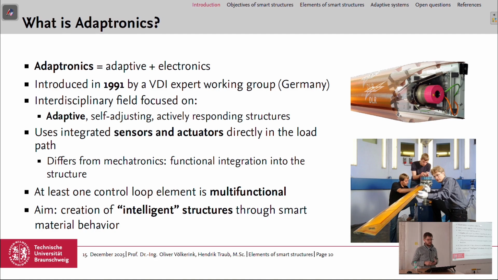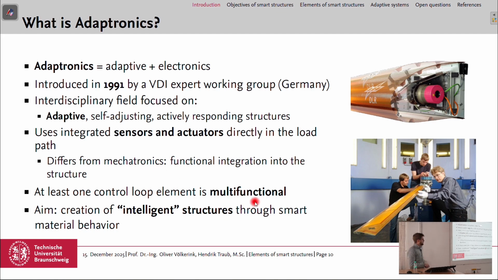with integrated sensors and actuators directly in the load path. So it is part of the load-bearing structure, and this is the difference to mechatronics. We have the functional integration into the structure, and at least one element in this control loop should be multifunctional.